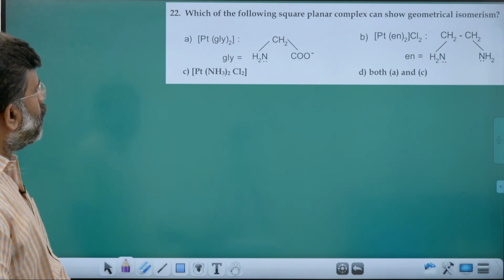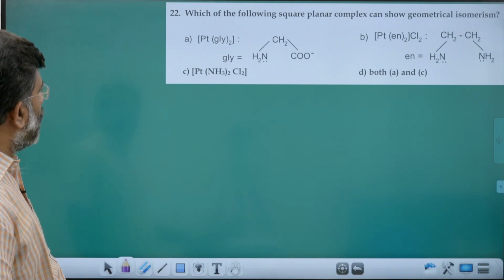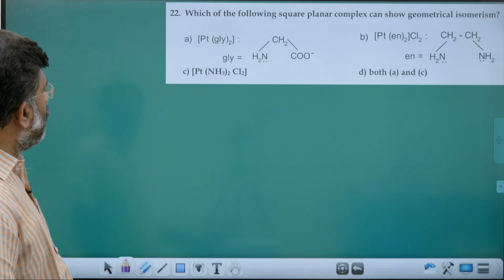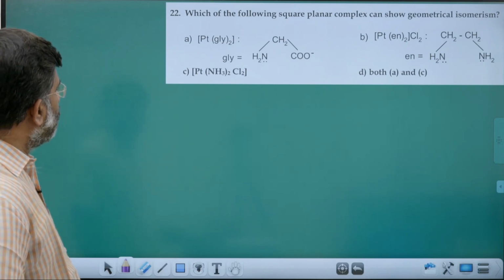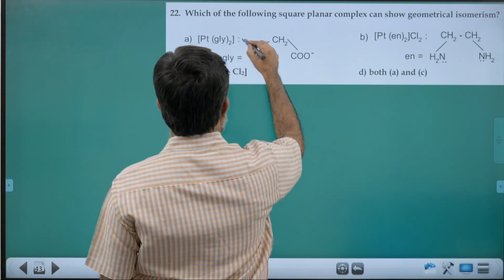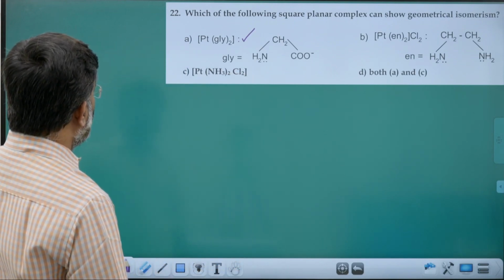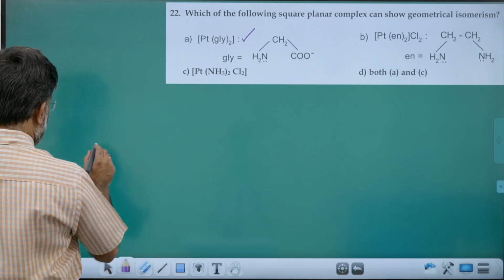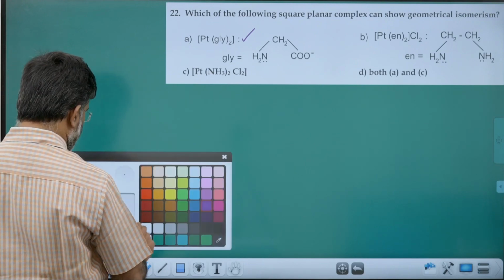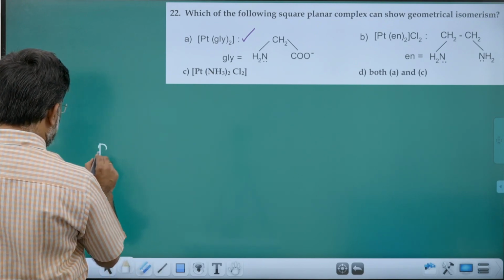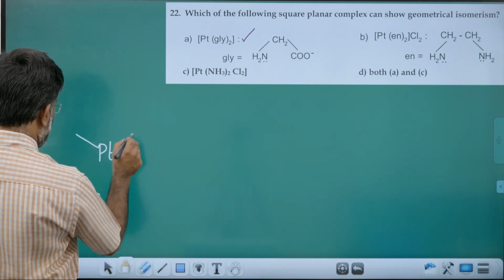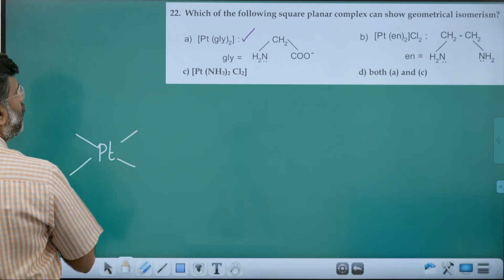Which can show geometrical isomerism? Pt(glycinato)2, how is it able to show geometrical isomerism? 1, 2, 3, 4.